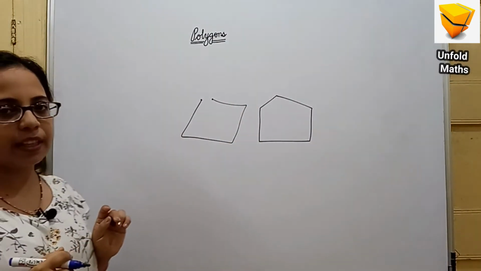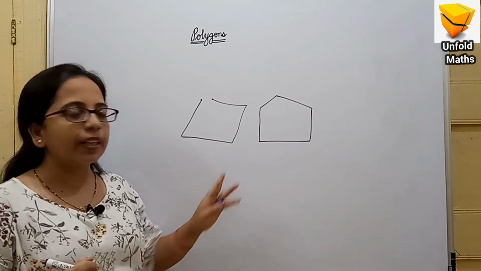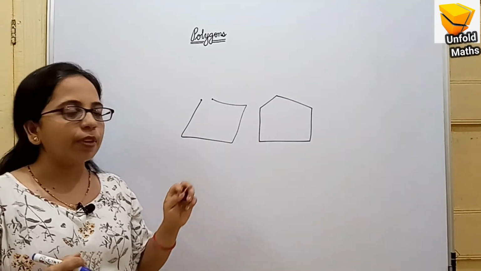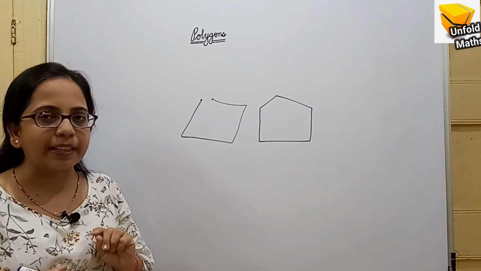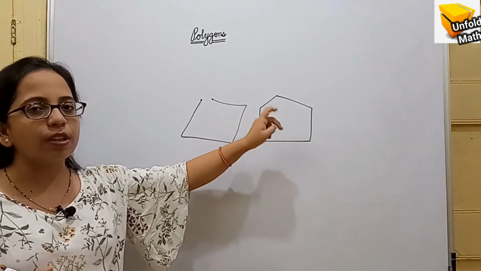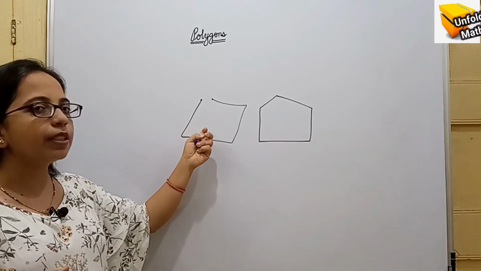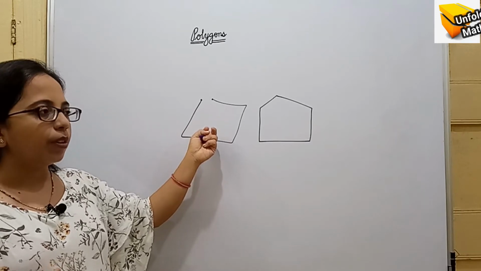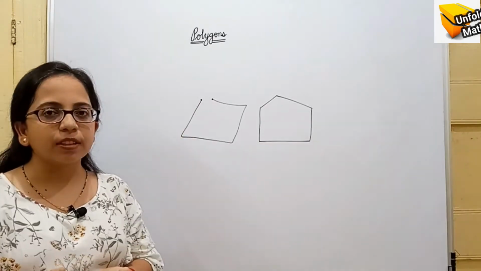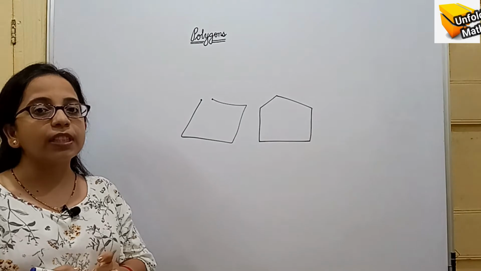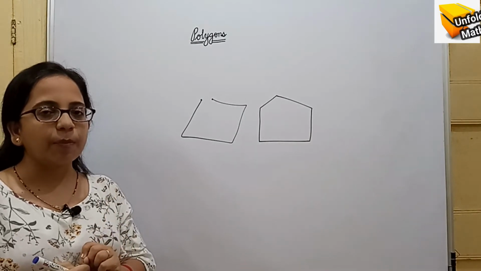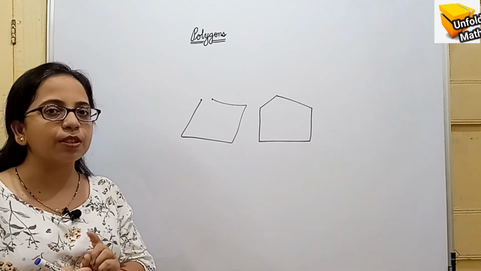We cannot say from which point it has started and at which point it has ended. So this figure is called closed and this one is open. So when we define polygons, we say that polygons are closed figures made up of line segments only.